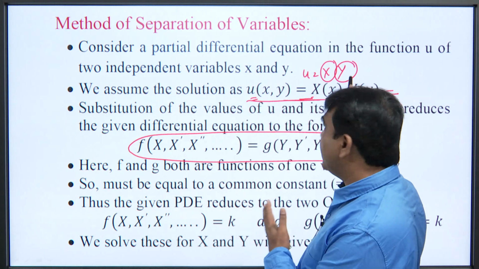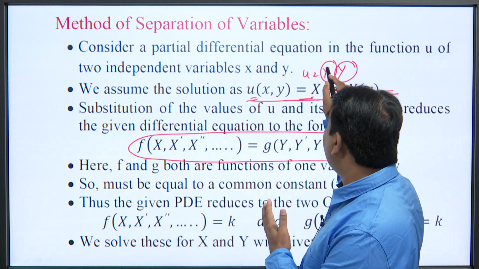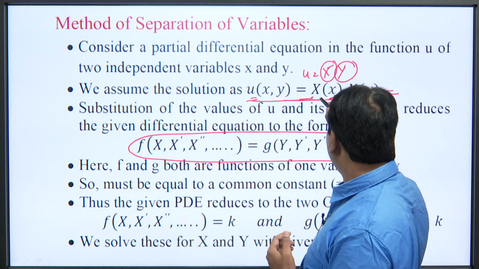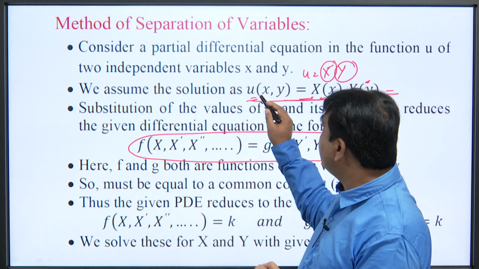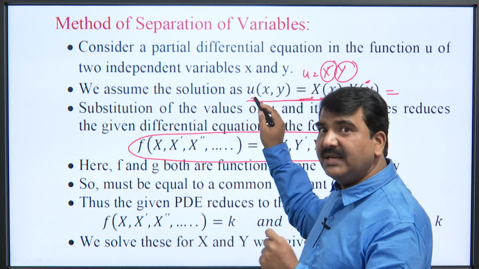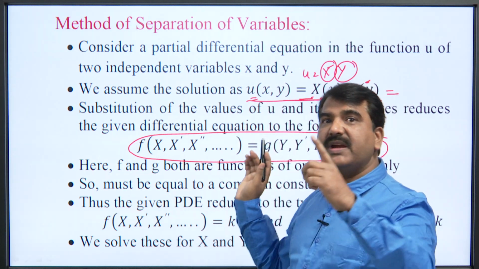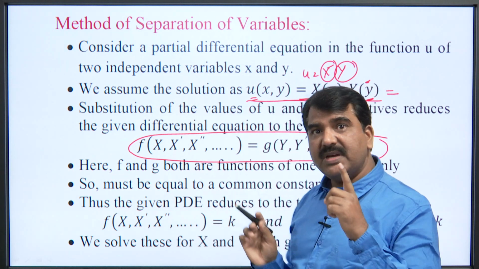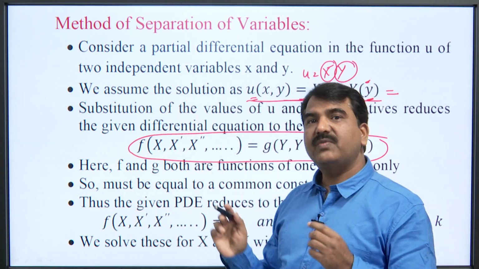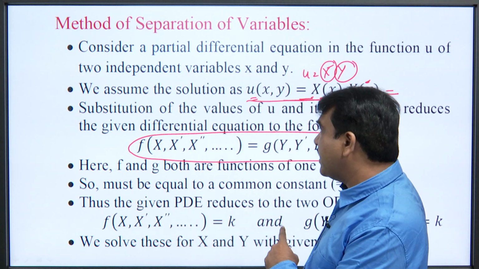Of course, on the right hand side we can see that this is a function of x alone, and this is a function of y alone. It means, when we differentiate partially with respect to x, on the right hand side we will get the ordinary derivative, because these are functions of one independent variable only.